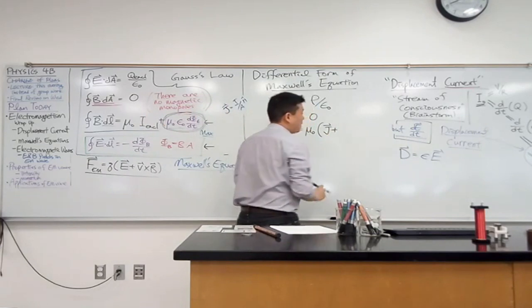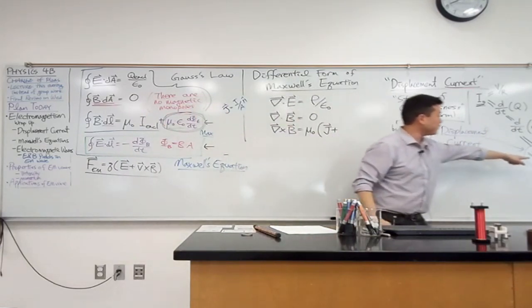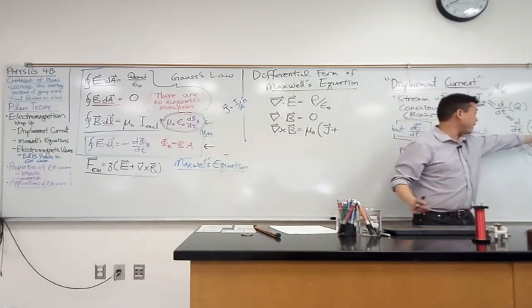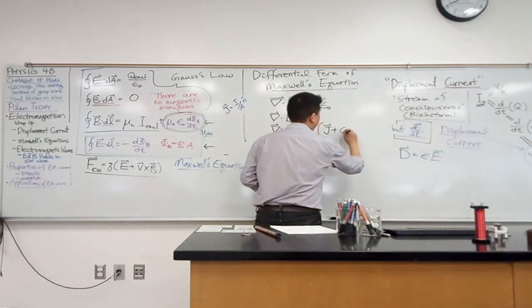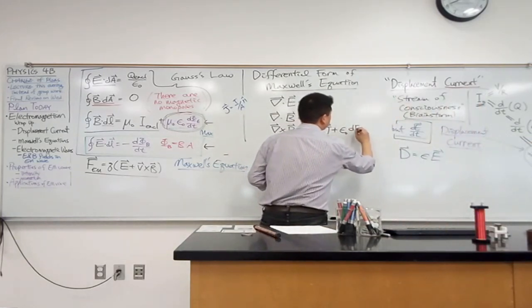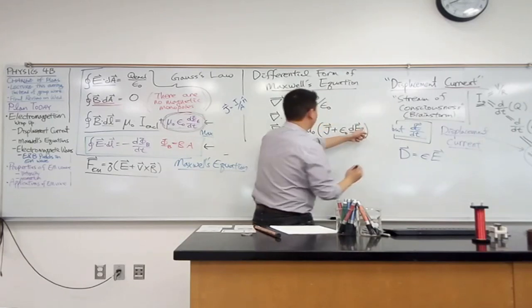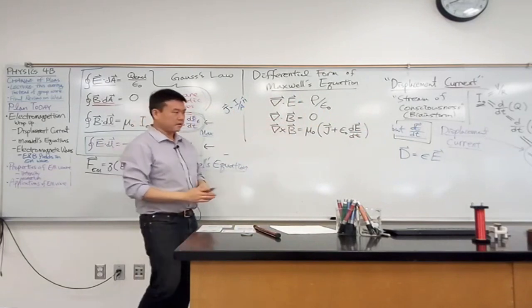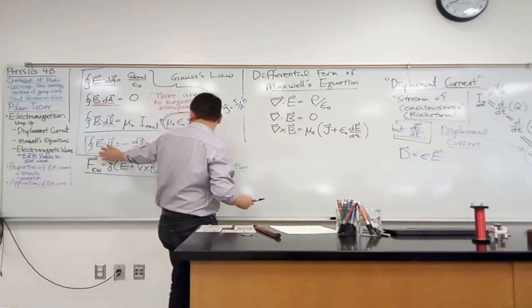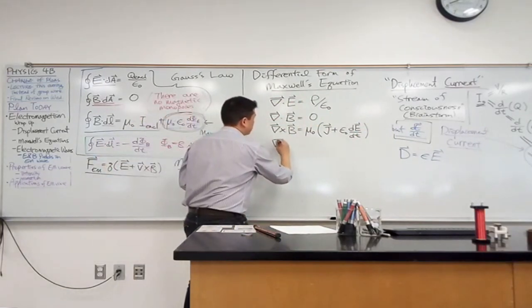Plus, we need this displacement current, except I'm dividing out area anyway. So this is going to be epsilon naught, rate of change of electric field. And I can leave the vector term as it is. I'll talk about divergence and curl. And the last thing is the curl of electric field.